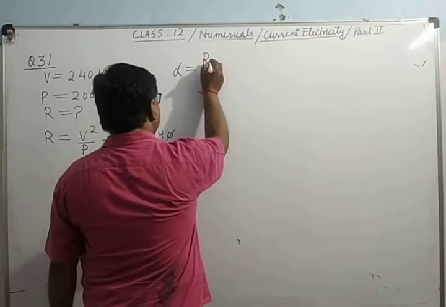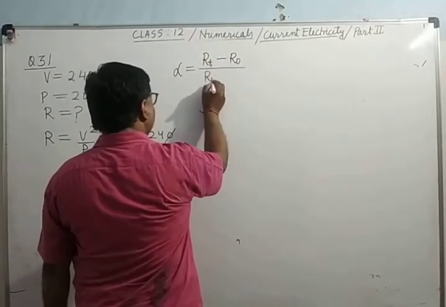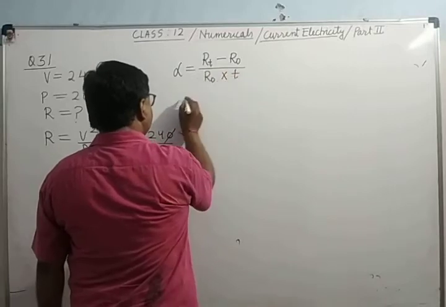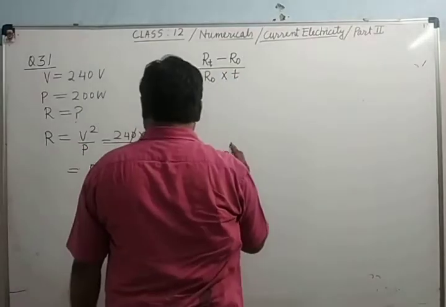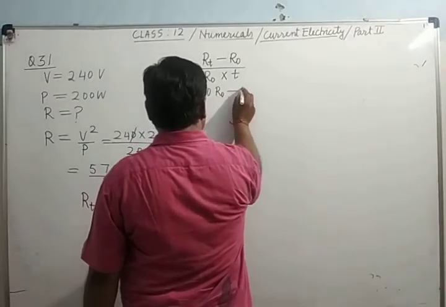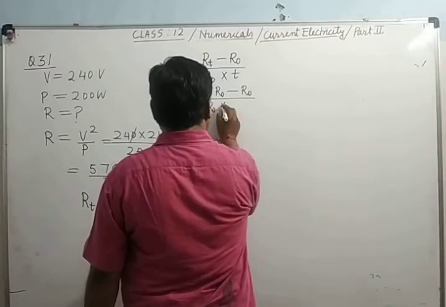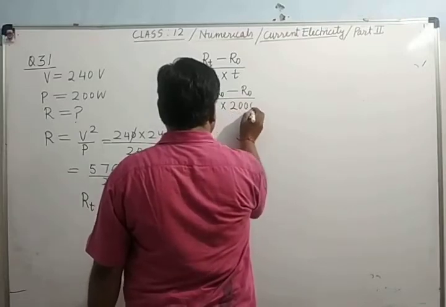It will be RT minus R naught divided by R naught into T. When you simplify, RT, that is 10 into R naught minus R naught, divided by R naught into T, which is 2000.